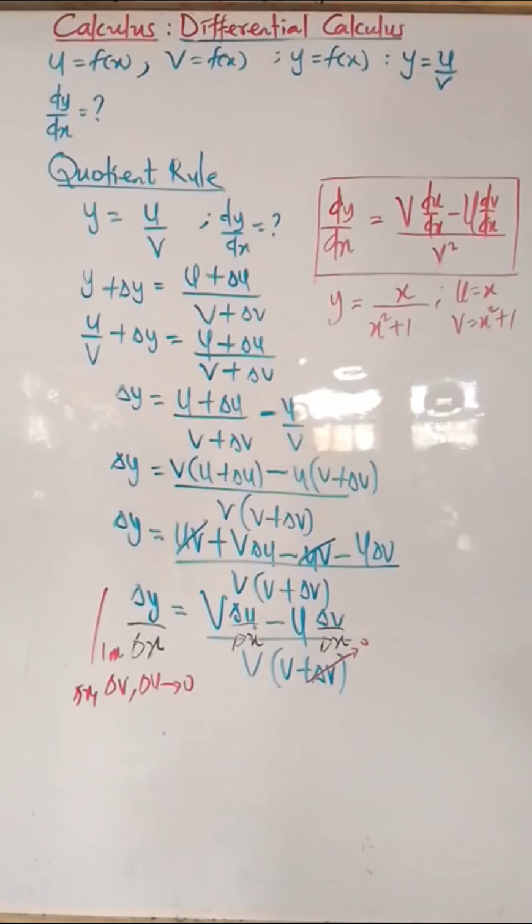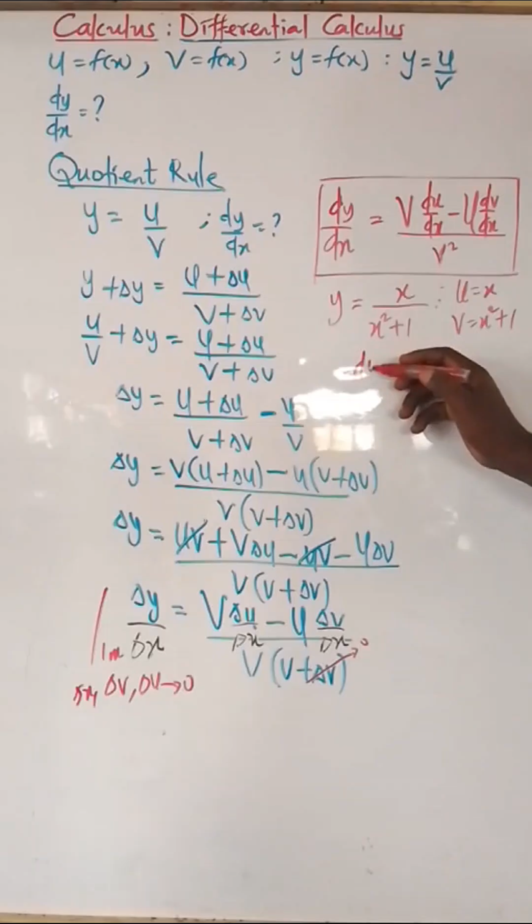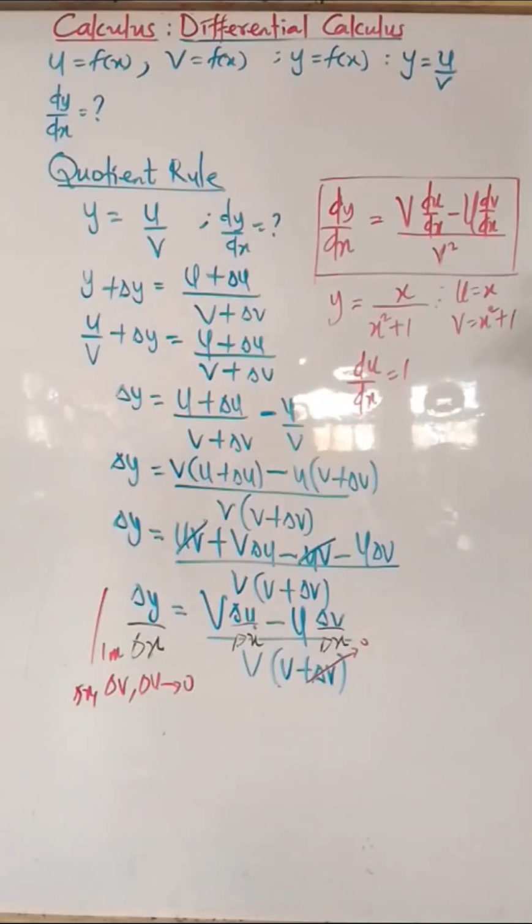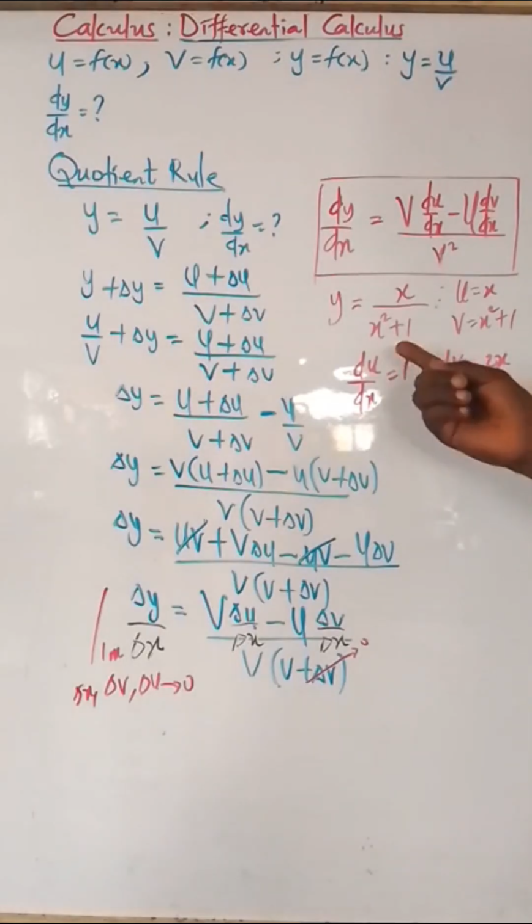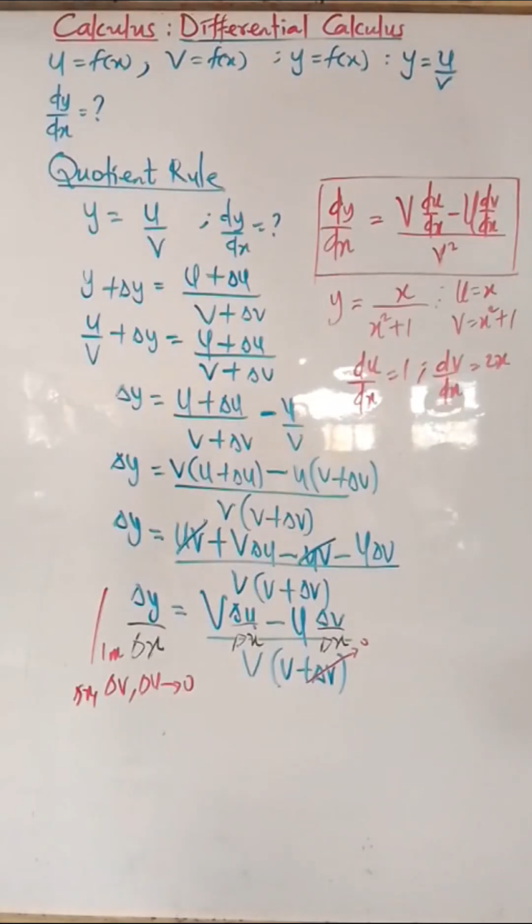If u is x, then it means du dx is 1. Recall, if we differentiate x, we get 1. Also, dv dx gives us what? 2x. This one comes to 0. So after getting your du dx, dv dx, we come back there.